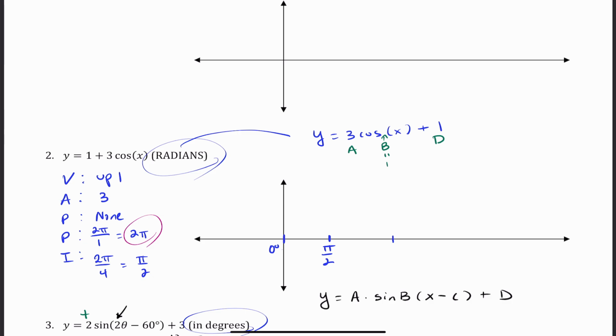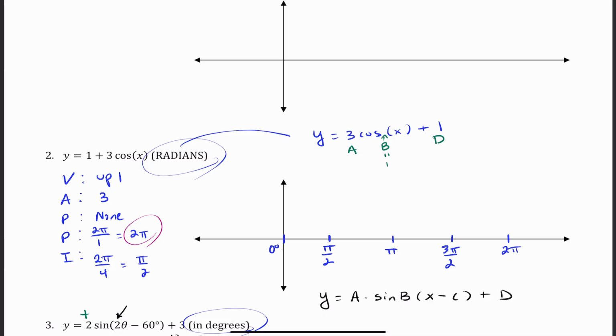Well, that is just pi. And then pi plus pi over 2 is 3 pi over 2. And then we need one more because we have 5 points. So our fifth one, 3 pi over 2 plus pi over 2 is 4 pi over 2 or 2 pi.